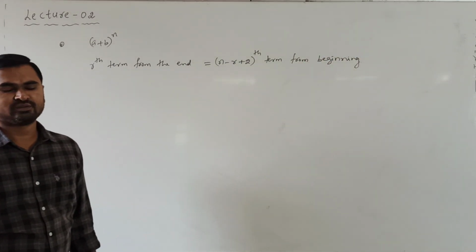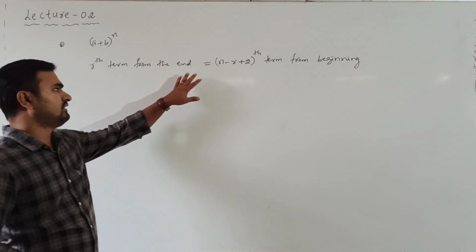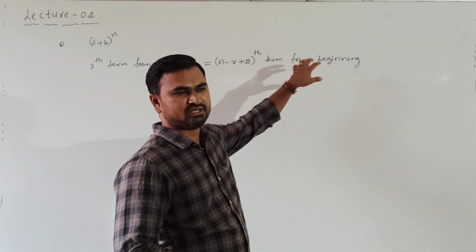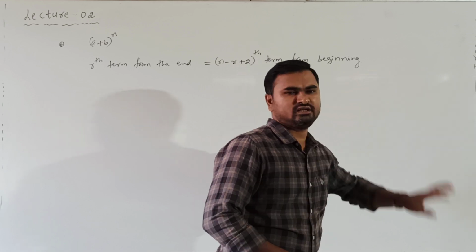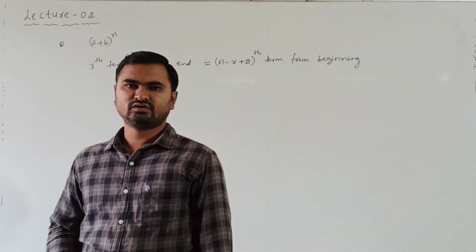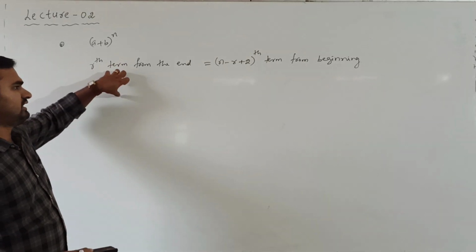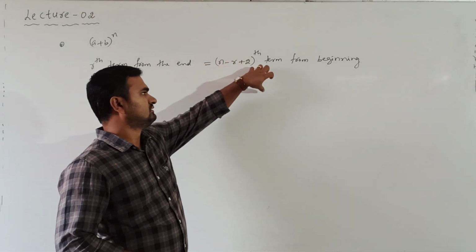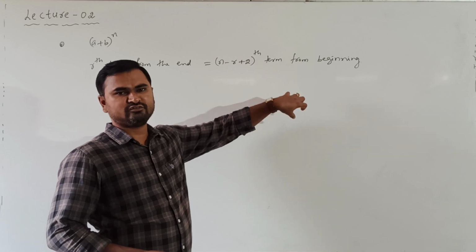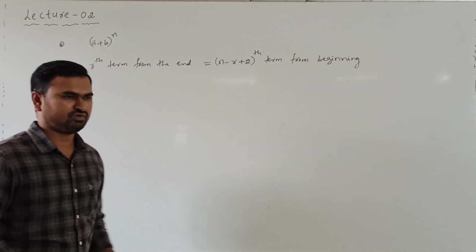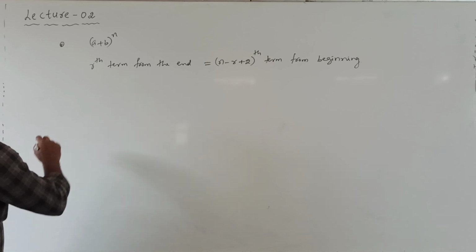So the rth term from the end will be the same as the (n - r + 2)th term from the beginning. Usually whatever terms we find, we will be finding from the beginning. So when they ask from the end, we convert this into a term from the beginning, then we can find it using the general term. So this is one formula to remember.